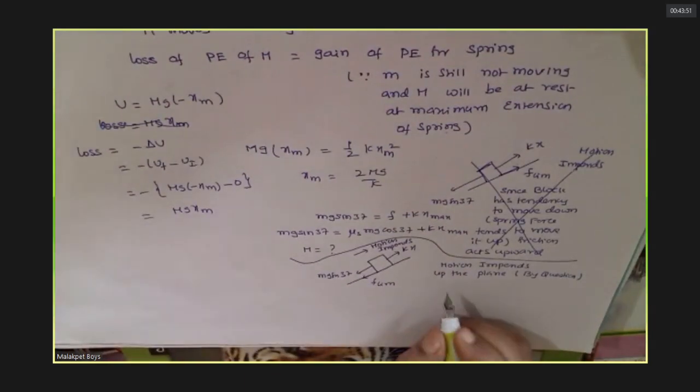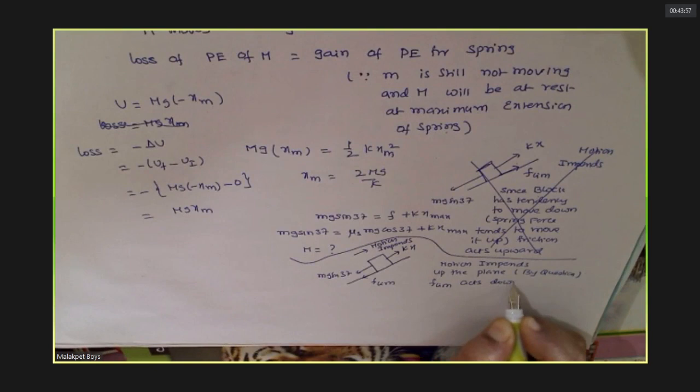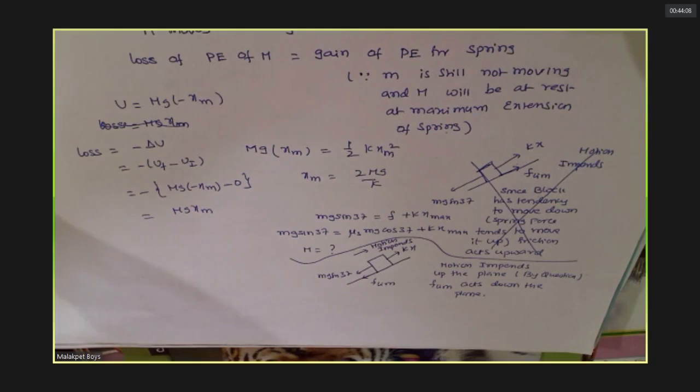Therefore friction... So 3m by 5. How much did you get? 3m by 5.